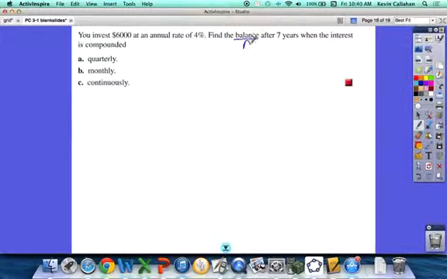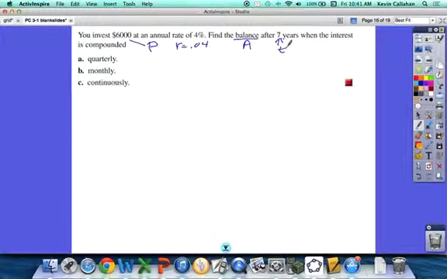The A. Right. What is the 6,000 that you invested at the beginning? P, right? What is the 4%? Right. In fact, I'll say R is 0.04. And what is that? That's the T.